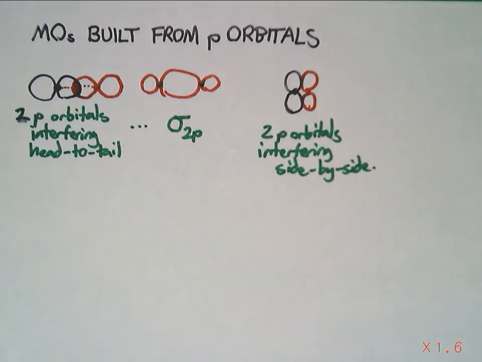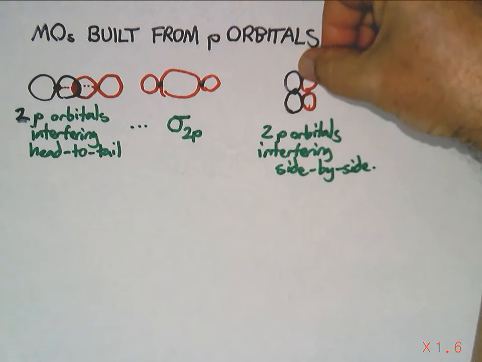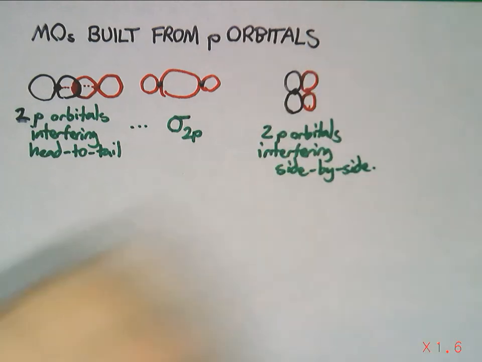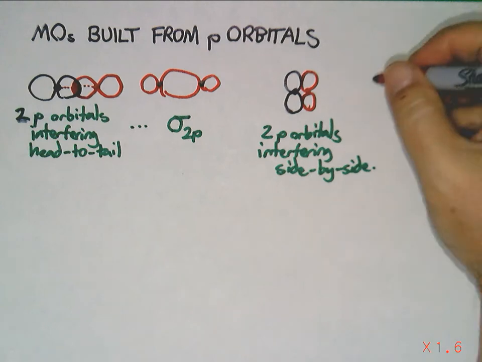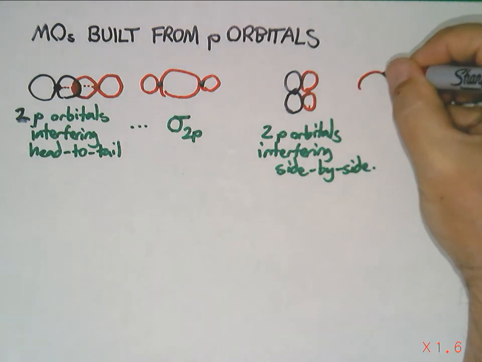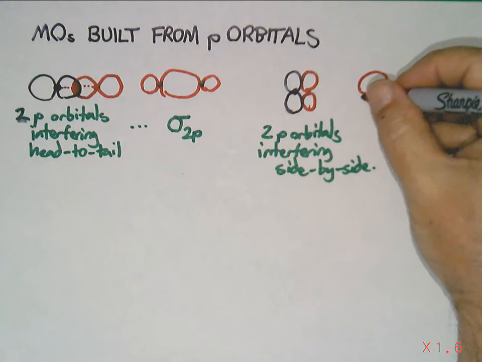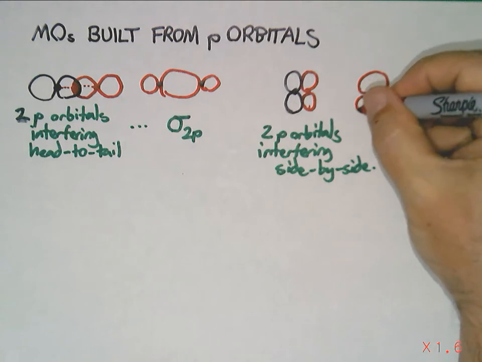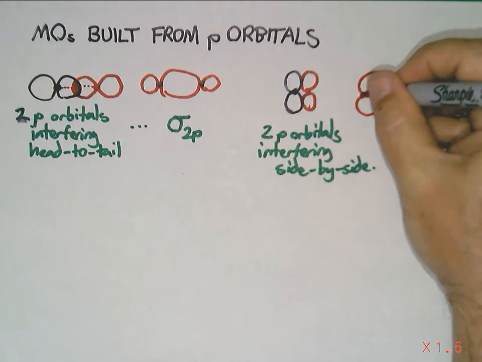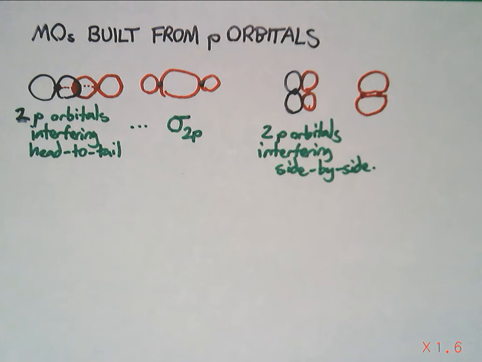You get these two lobes to melt together and these two to melt together, and your overall orbital looks like those two melted together on top and those two melted together on the bottom. Here are the two nuclei right there where those little dots are.